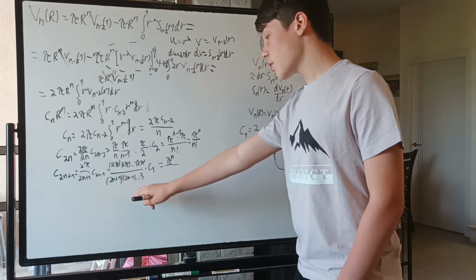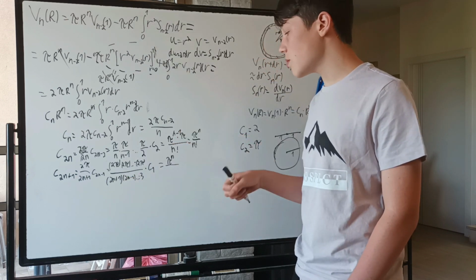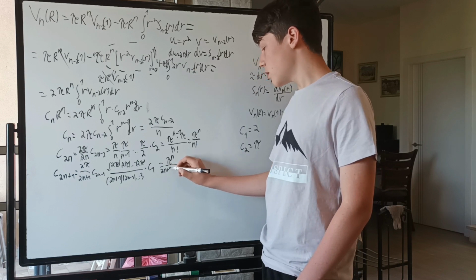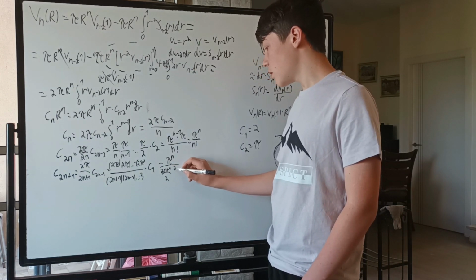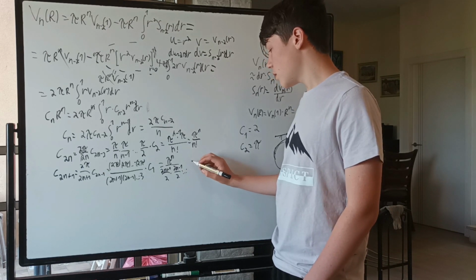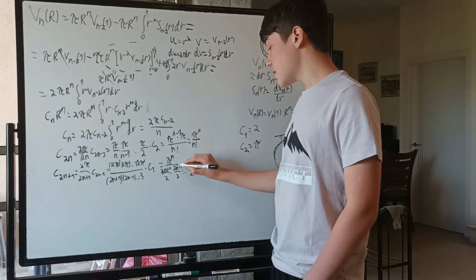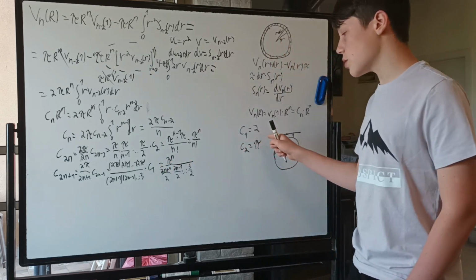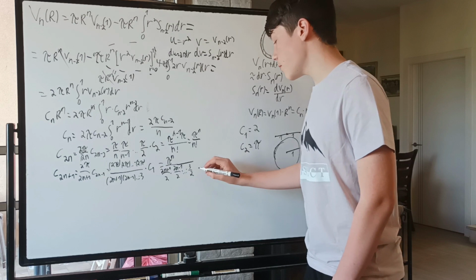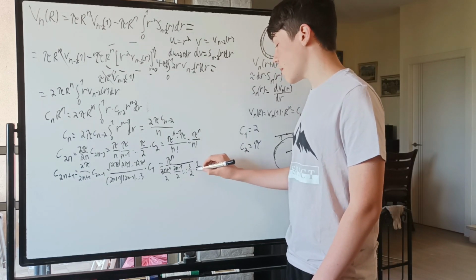So we'll have 2n plus 1 over 2 times 2n minus 1 over 2, all the way out to times 3 over 2. And now, this is times c1, which is 2. And I'll write 2 as 1 over a half. So this will be multiplied by a half.